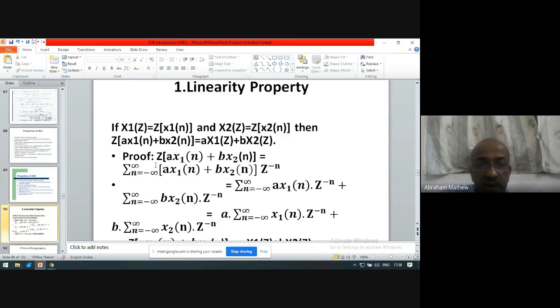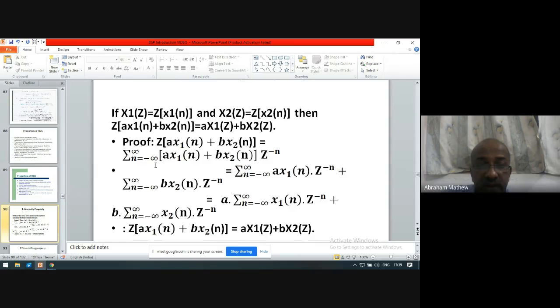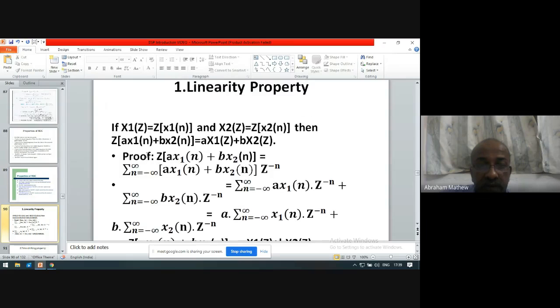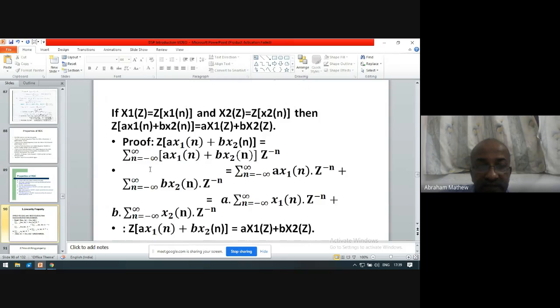The linearity property we have to state and prove. The proof of this linearity property is explained here.